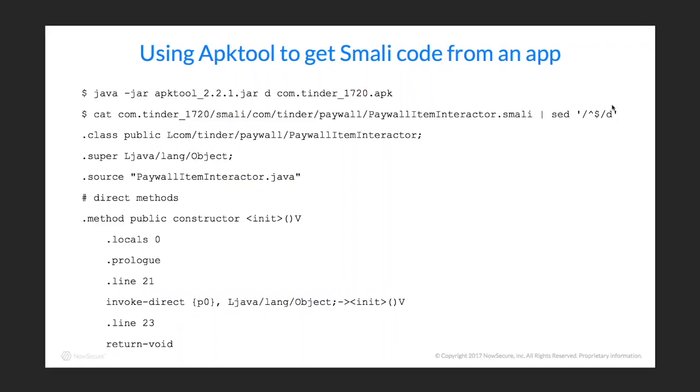In the Smali you see that we've already got the class name here, PaywallItemIterator, and it's even got the source code file names and line numbers. There's a lot of this information they could have stripped if they had properly set up the build system, and I think minify is what they call the option, but that wasn't done here.